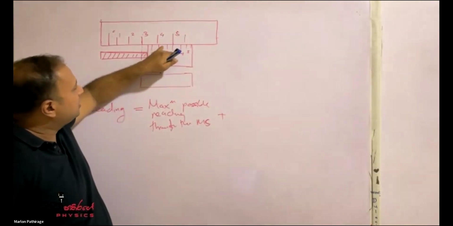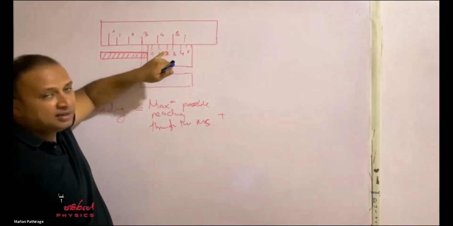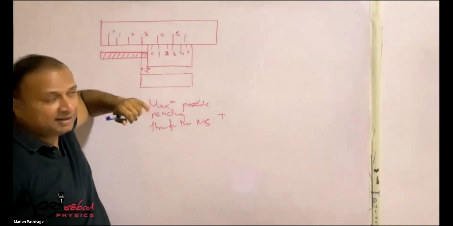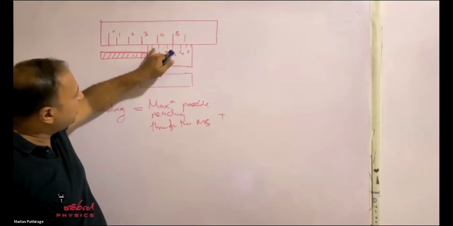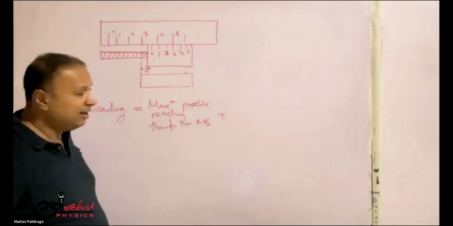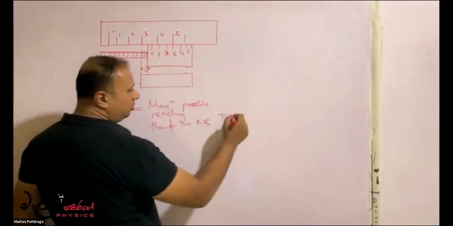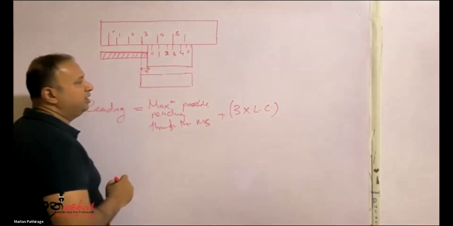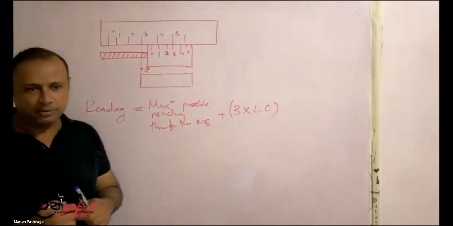How many gaps are there up to the overlapping location? That number of gaps, say 3, times the least count of the vernier scale.